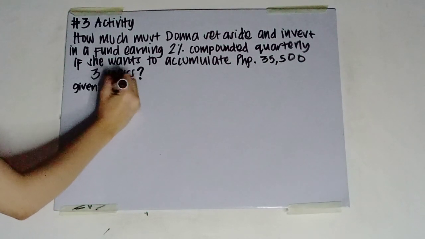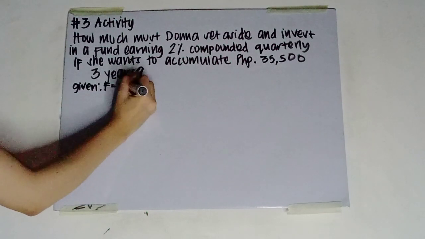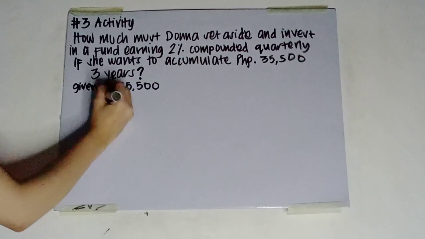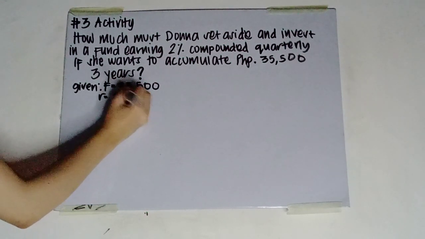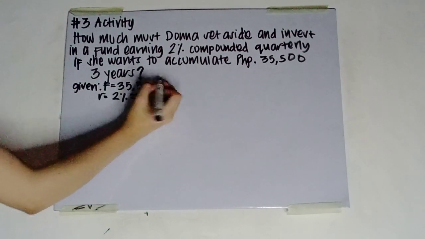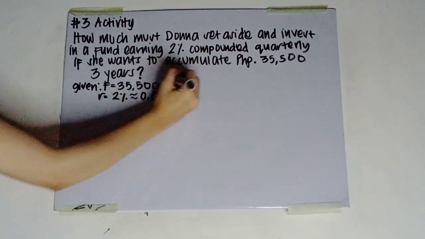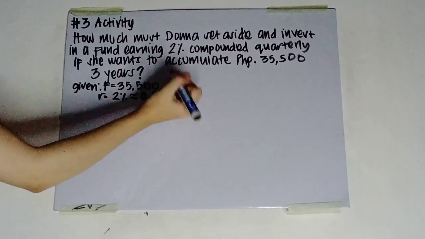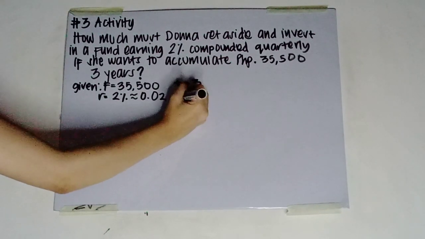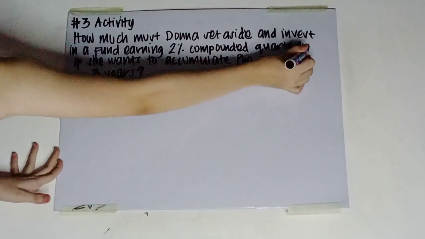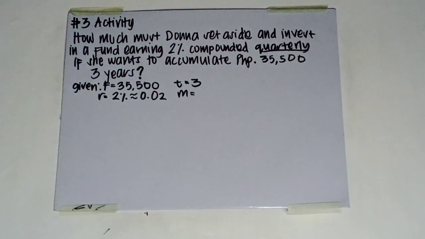F is equal to 35,500 and R is equal to 2%, converted into decimal, 0.02. Time is equal to 3 years. And since quarterly, M is equal to 4.